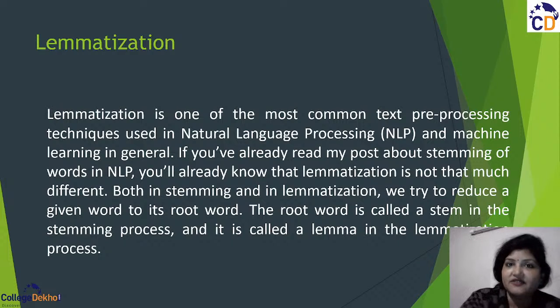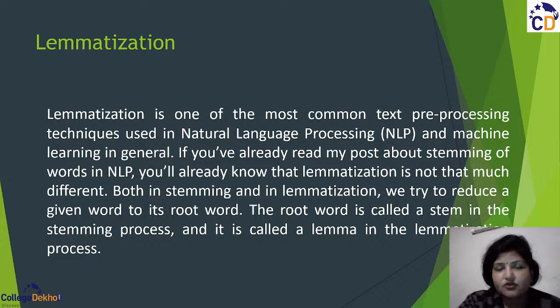That is the difference. If the base form has meaning, that means we have processed that word with the help of lemmatization. And if we have converted it to its base form and it does not have any meaning, it is meaningless, then it is a stemmed word, or we have used the process of stemming.